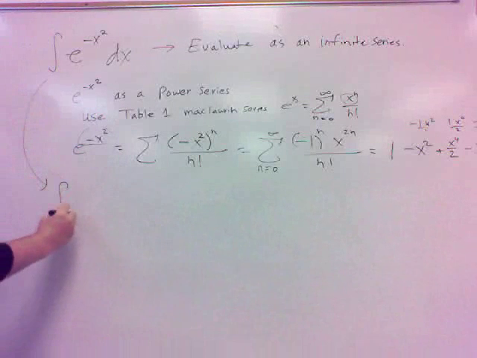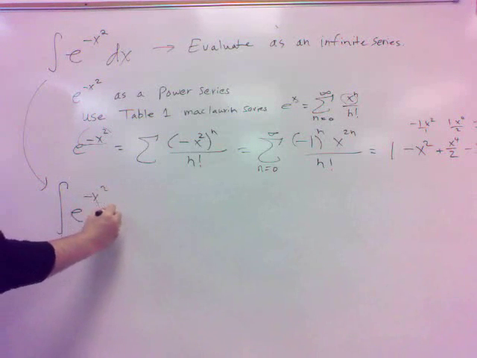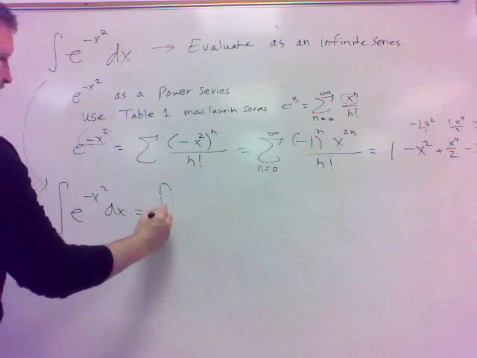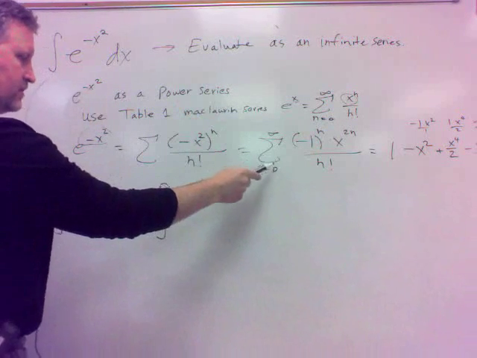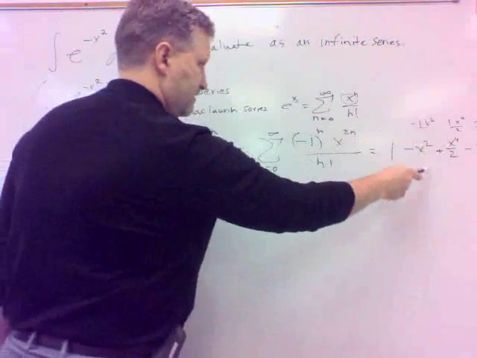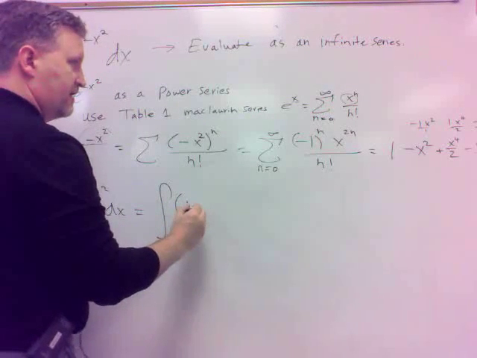So the integral then of e to the minus x squared dx would be the integral of this series, which turns out to be this. So that's kind of how they'll denote it here.